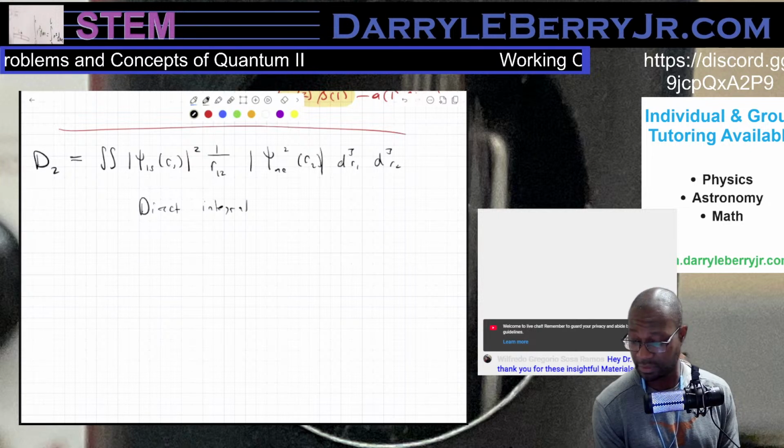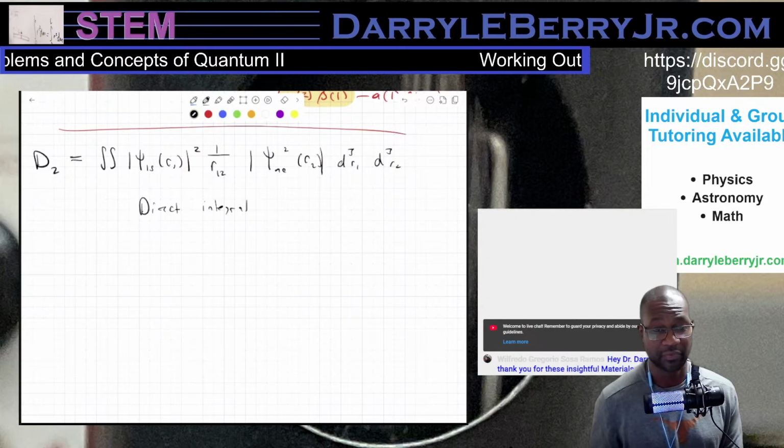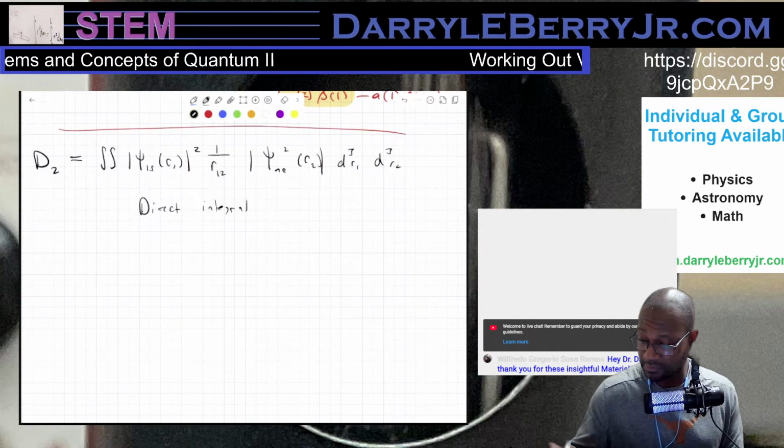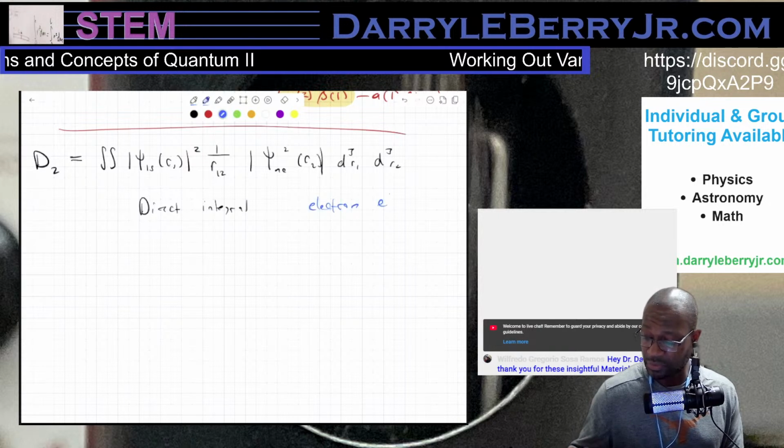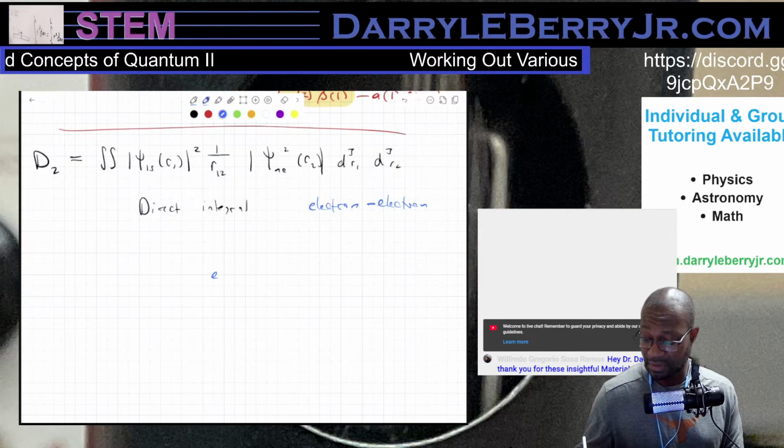So this integral here is the direct term for electron. So this is electron directly, which makes sense. It's direct. Cross terms would be electron to proton.